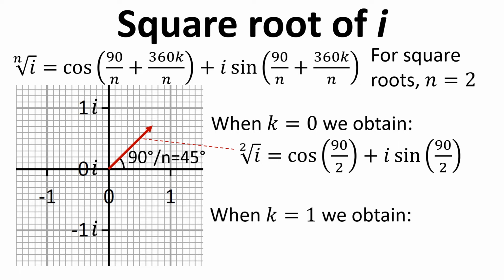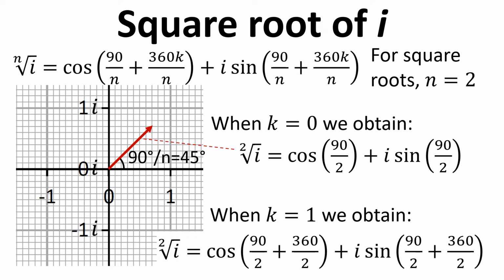Okay, when k equals 1, we obtain cos(90/2 + 360/2) + i sin(90/2 + 360/2). So this is shown by the red arrow pointing in the opposite direction, and this is 180 degrees rotated around from the first solution.